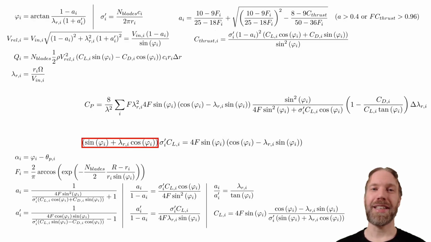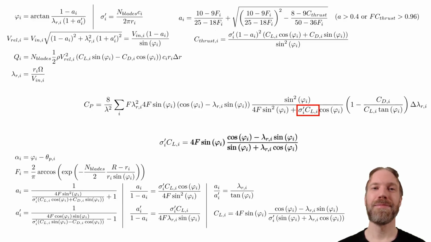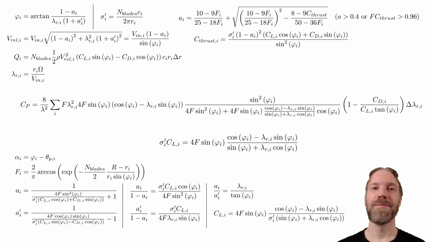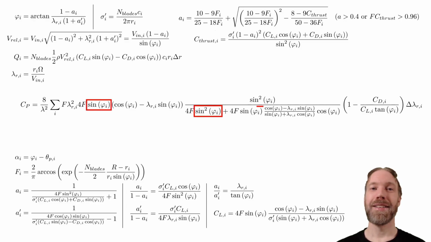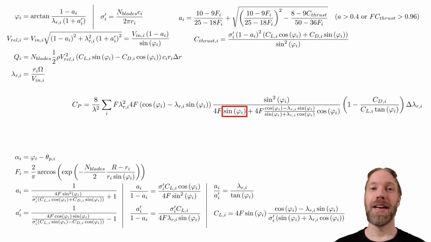Let us revert this equation to its previous state. We can now insert it here. Sinus cancels. We want to write this with a common denominator.